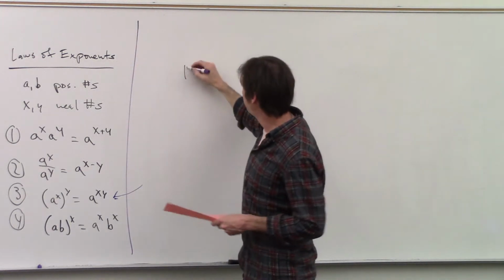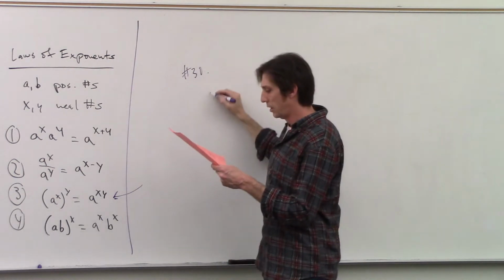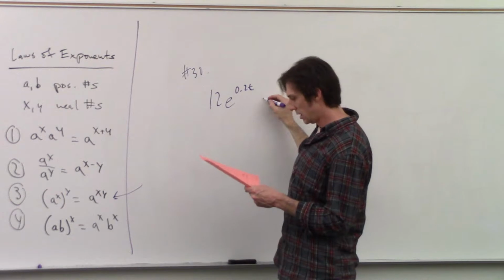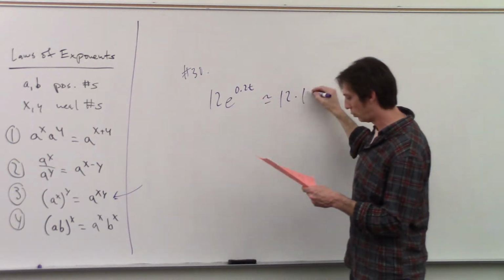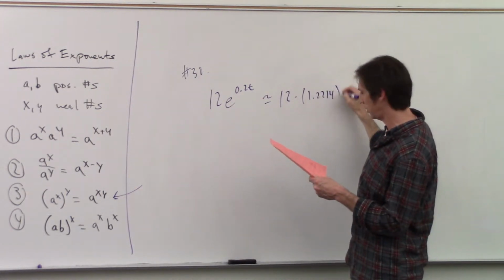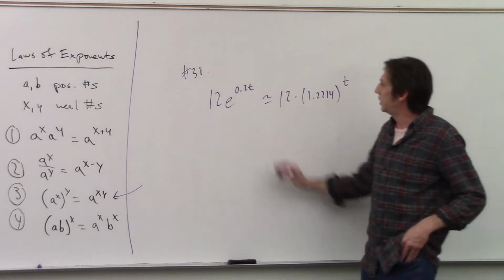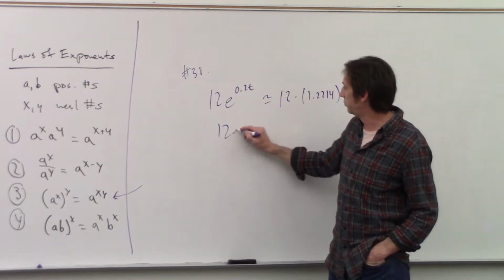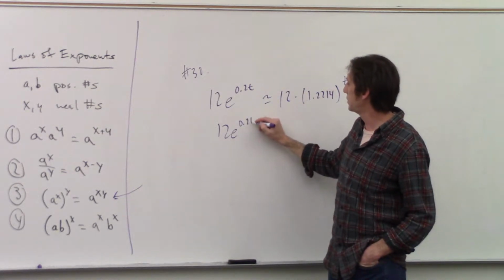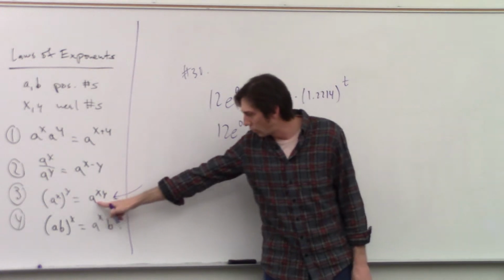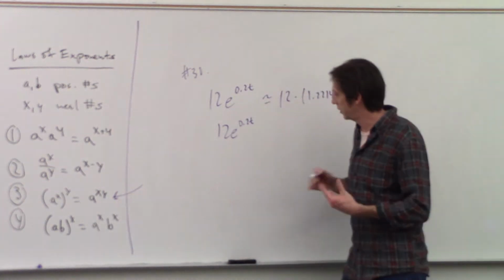Number 30 here is to see that 12e to the 0.2t is approximately 12 times 1.2214, it looks like, raised to the tth power. In my exponent, initially, I have 0.2 times t. I have a product, and so I'm going to do the third law of exponents here to write that in a different way.